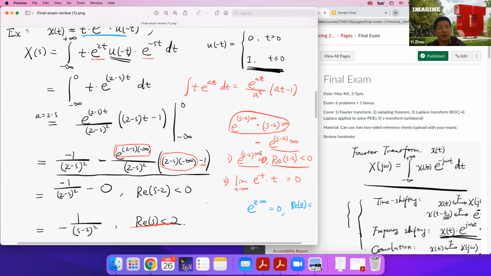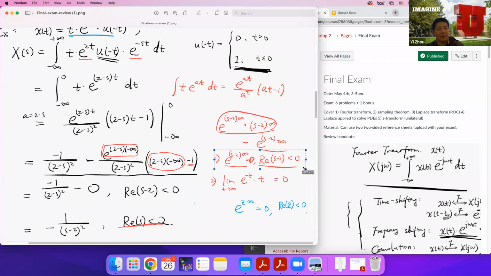This term converges to 0 only if the real part of this complex coefficient is negative. This gives us part of the region of convergence: the real part of s minus 2 must be negative. This is for the second term to converge.